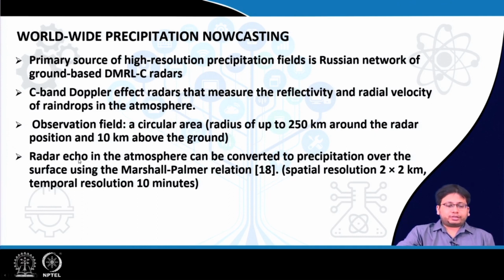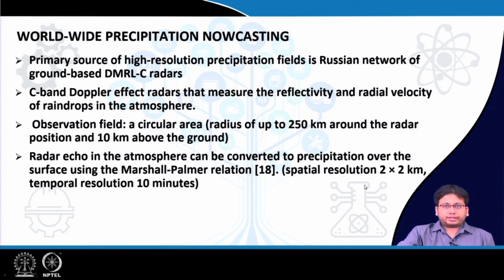The echo obtained by the radar, which is basically the measurements of the radar, can be converted to precipitation. As I mentioned in the previous case, there is a parametric formula called the Marshall-Palmer formula, which is useful for mapping the radar observations to the rainfall values.